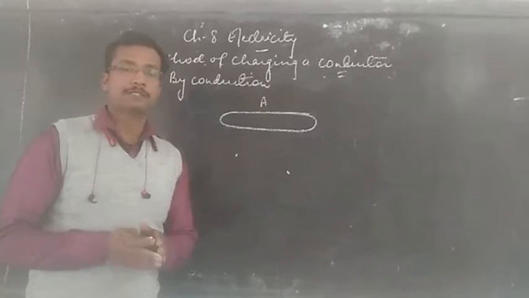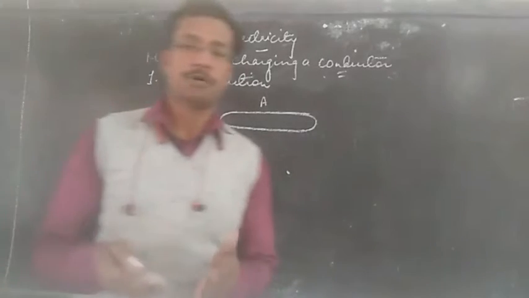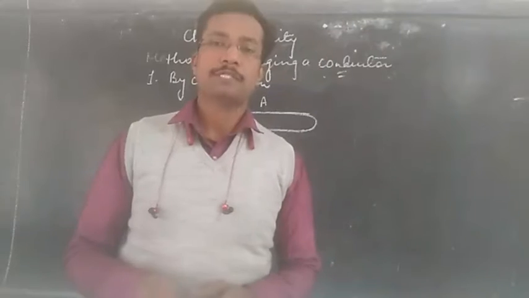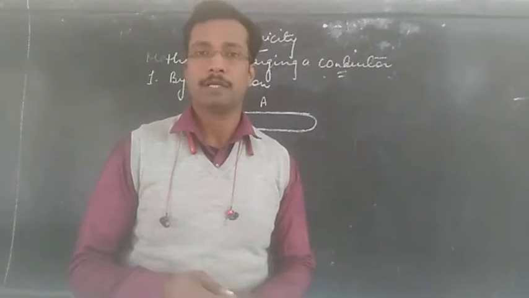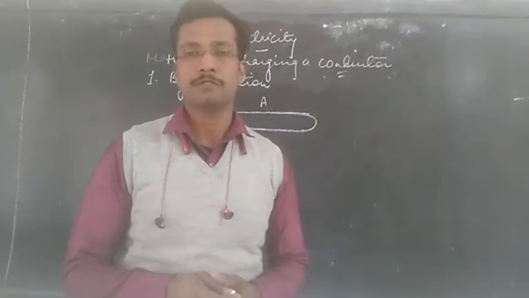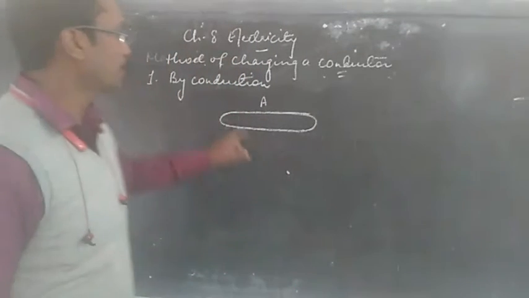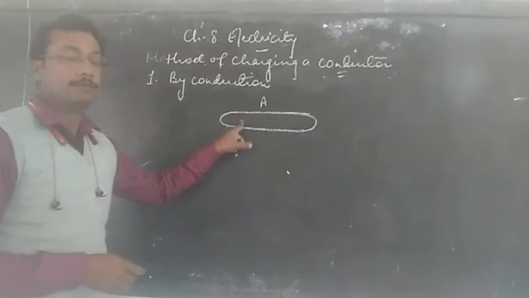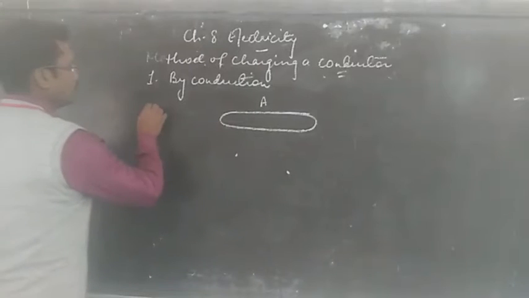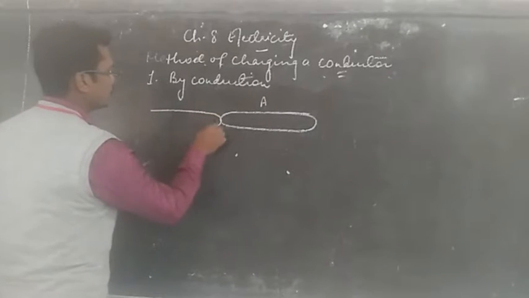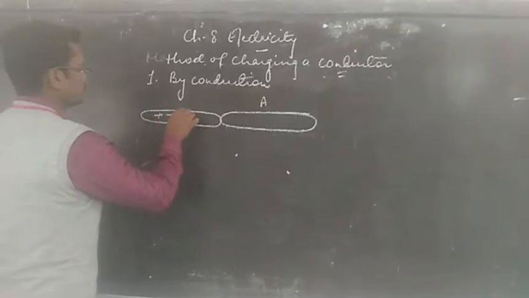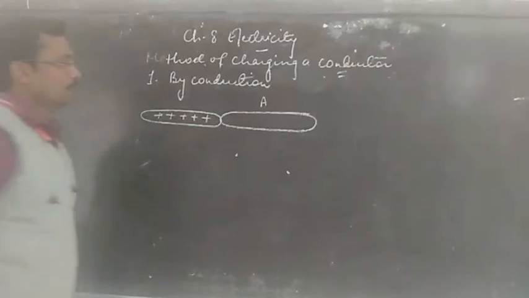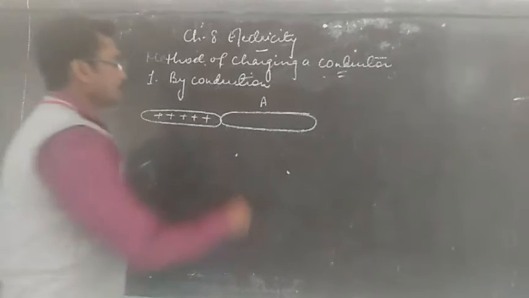Then we have to bring a glass rod rubbed with silk so that the glass rod develops positive charge, and that glass rod should be brought in contact with this conductor A. So suppose we have a glass rod which is positively charged and is in contact with the conductor A.